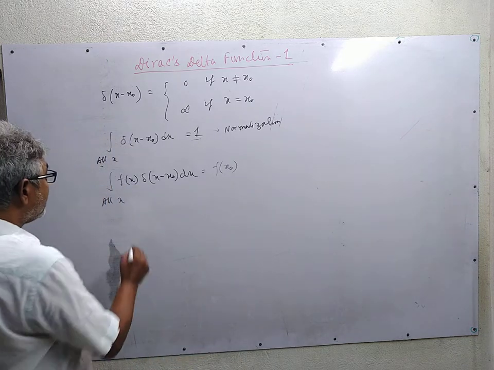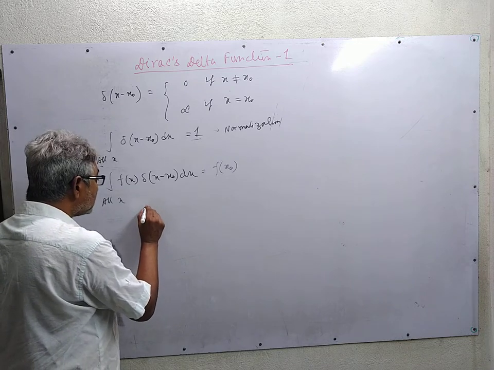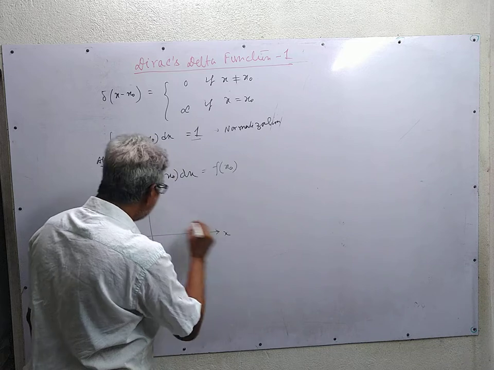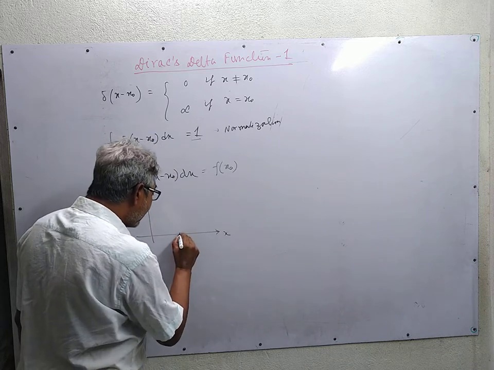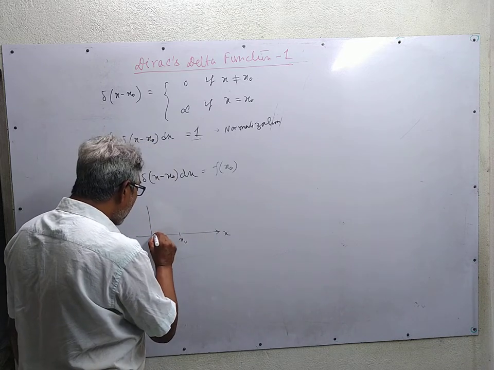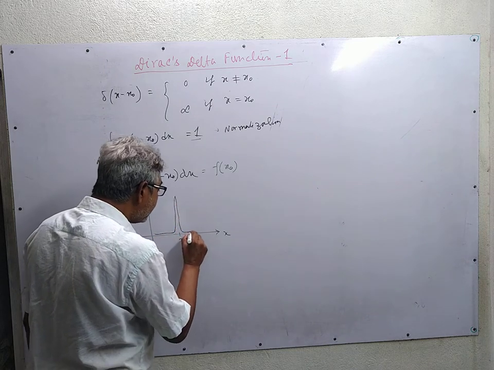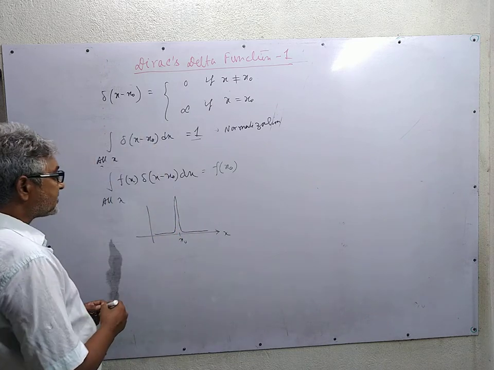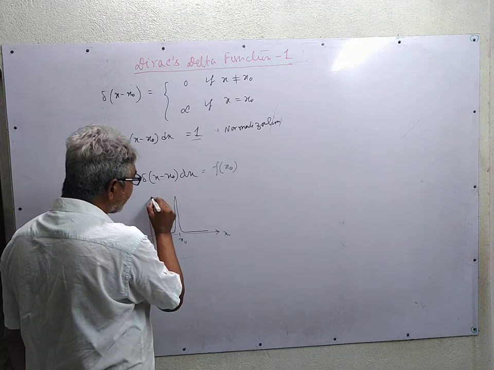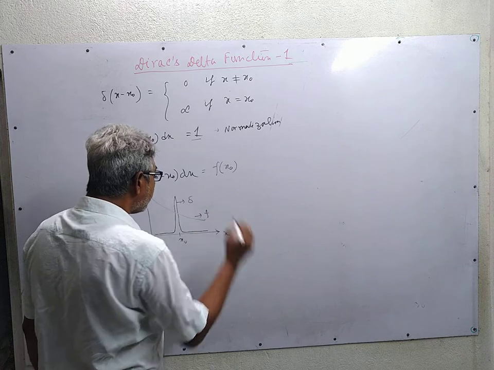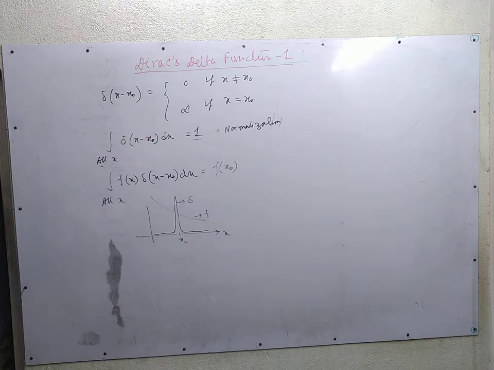If we draw the graph, this is x, this is x equal to x0, and the delta function is of this sort. Let us consider the function f is this. This is the delta function, and this is the profile of function f.